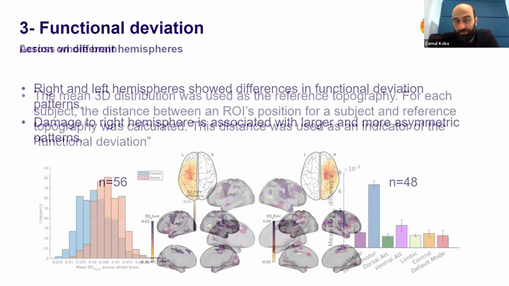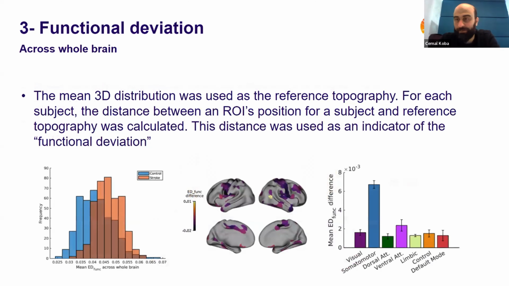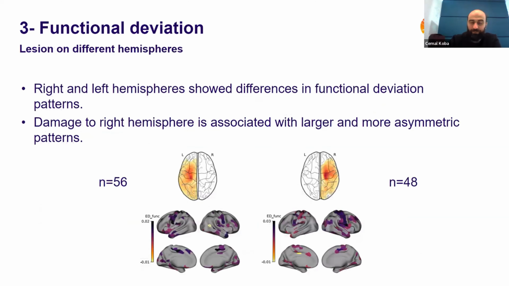Since the first results were right hemisphere oriented, we wanted to see if this is an effect of the lesion distribution in our sample, and we treated the left and the right lesion subjects separately. The number of left lesion subjects was 56, and right lesion subjects was 48.